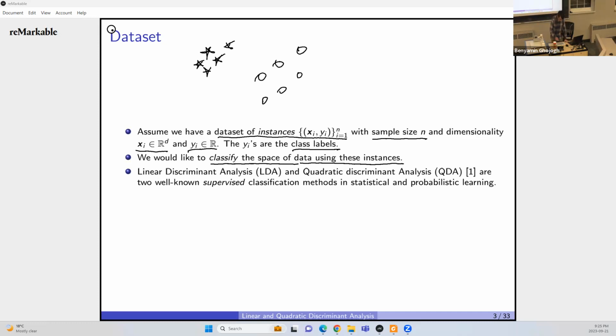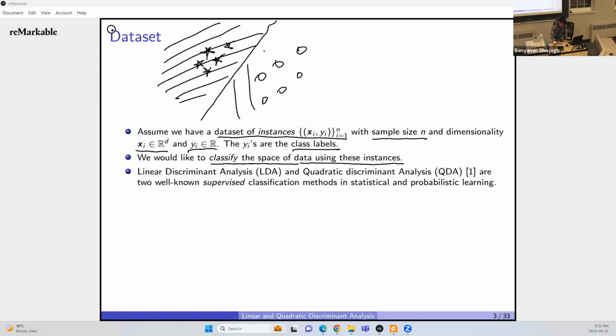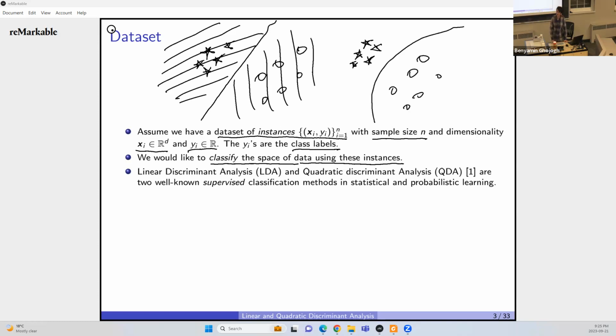So assume LDA does that, and it partitions the space into two parts like this, right? And what does QDA do? QDA does something like this, quadratically. Okay, it's a quadratic function decision boundary. Do you agree? It's like a bowl.